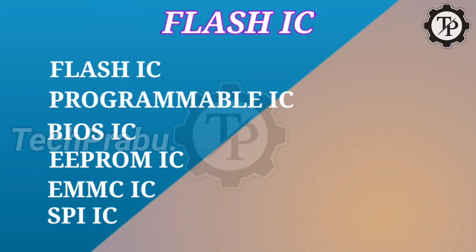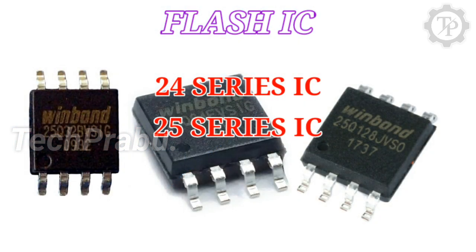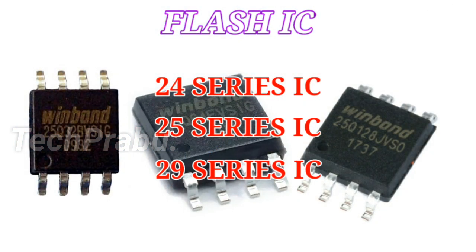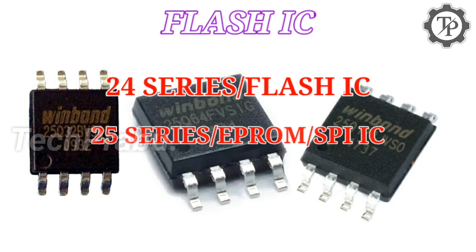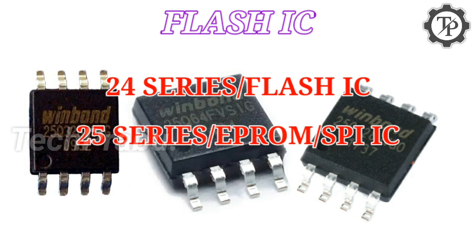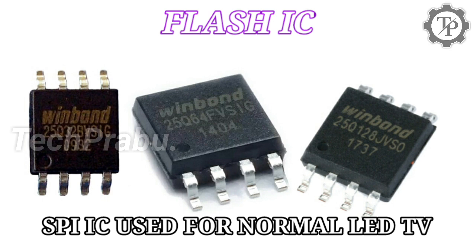In this IC, we are having a lot of series, that is 24 series IC, 25 series IC and 29 series IC. 24 series IC is called Flash IC, and 25 series IC is called EEPROM or SPI IC. Most probably we are using SPI IC in normal LED TVs.